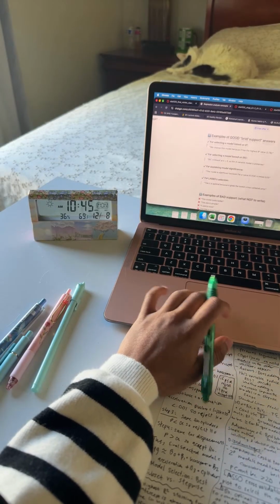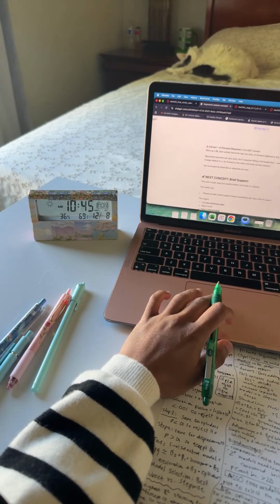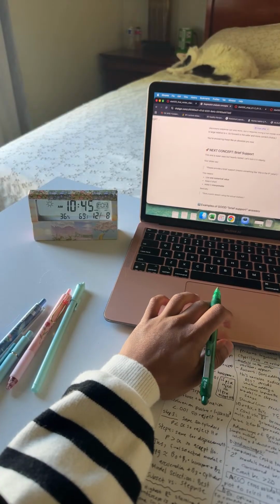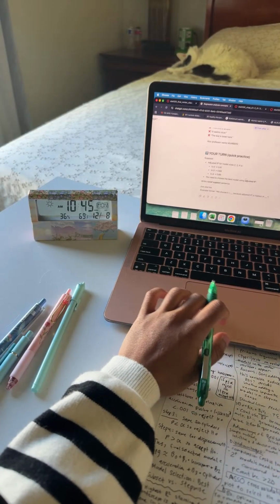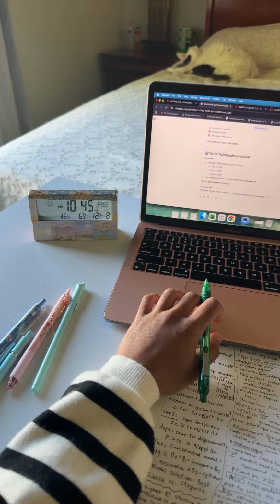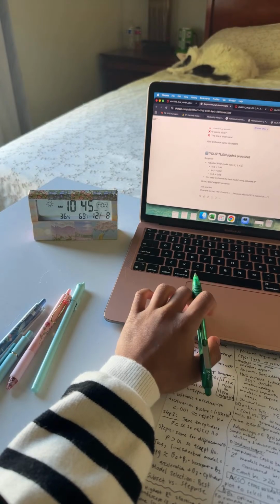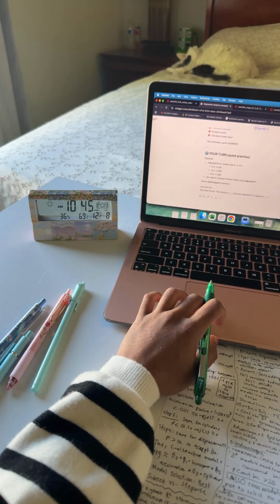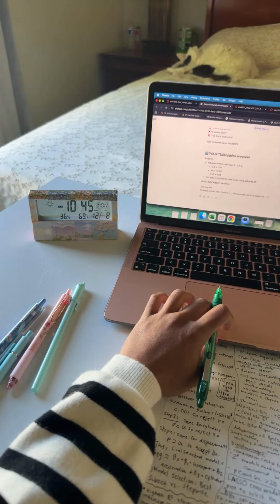Alright, next concept, adjusted R squared. For models with k equals 2, 3, and 4, you need to choose the best model using adjusted R squared.